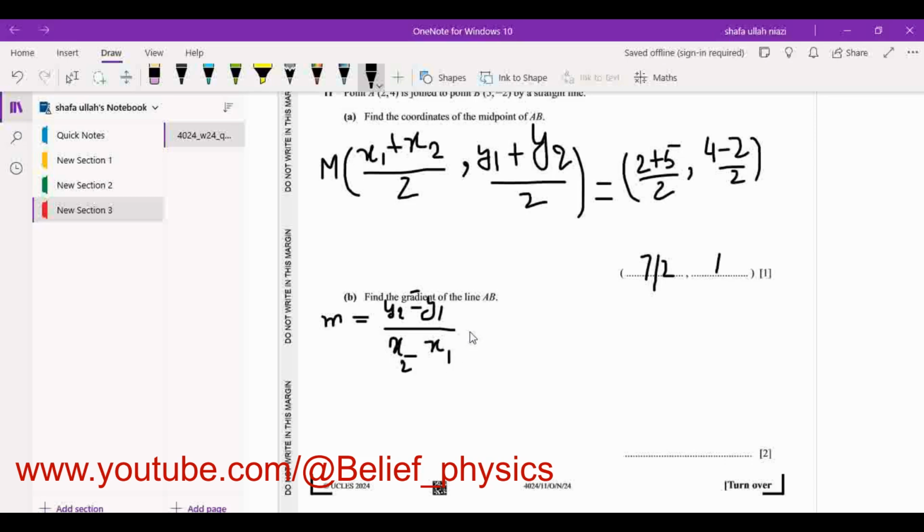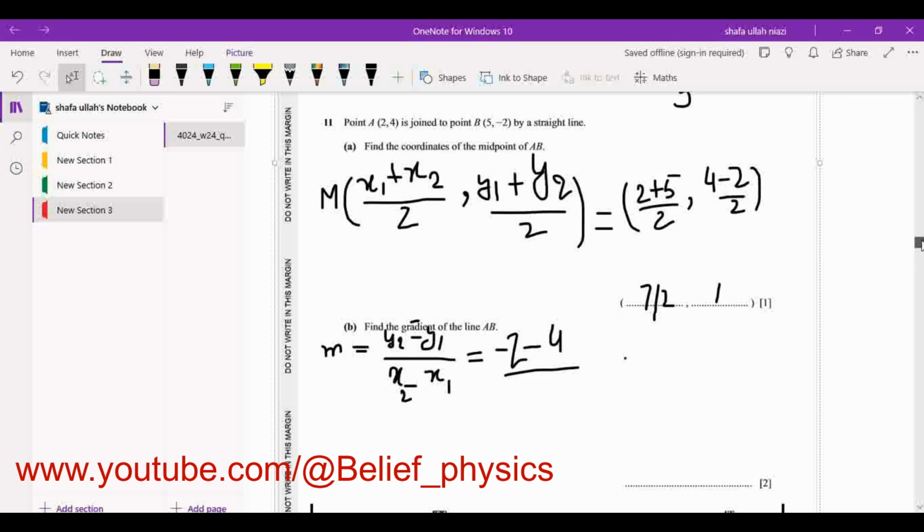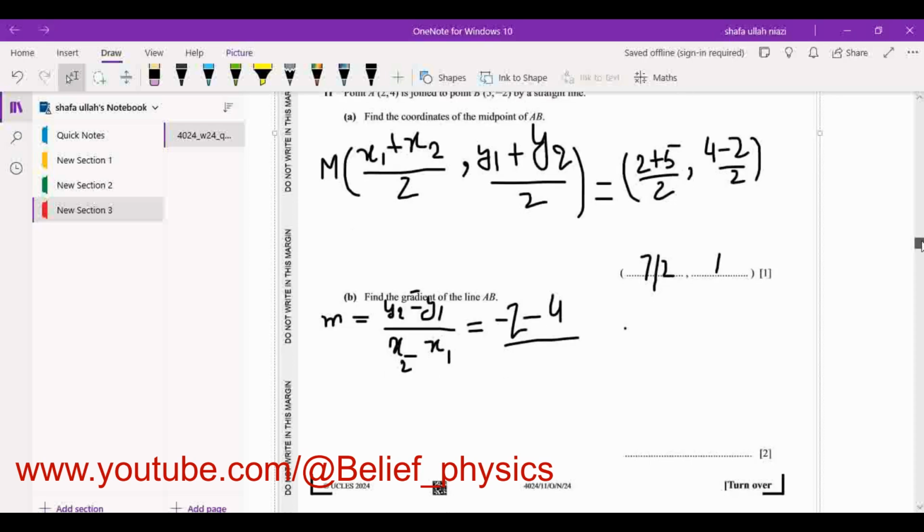So put the values here. y2 is minus 2, so we get minus 2 minus 4, as y1 is 4, over x2 minus x1, which is 5 minus 2.